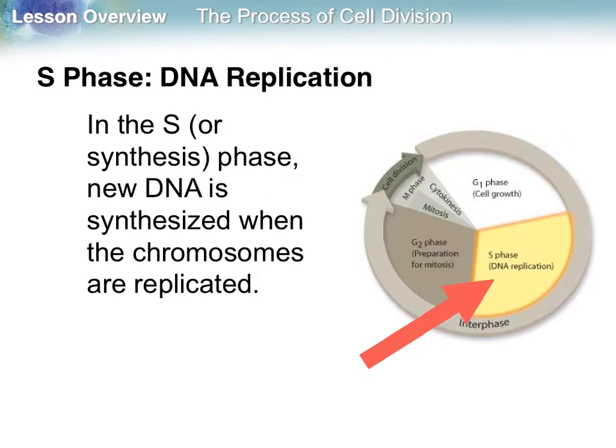During the S phase, S stands for synthesis, and during the synthesis phase we make DNA. So we're making a copy of our DNA, replicating the chromosomes, so we have two copies of the DNA inside the cell by the end of the S phase.